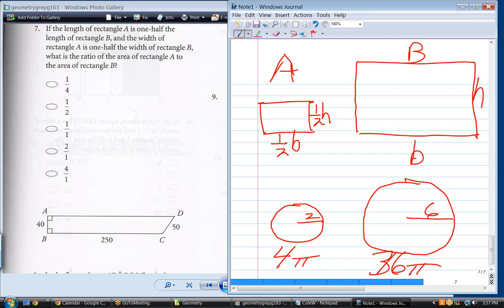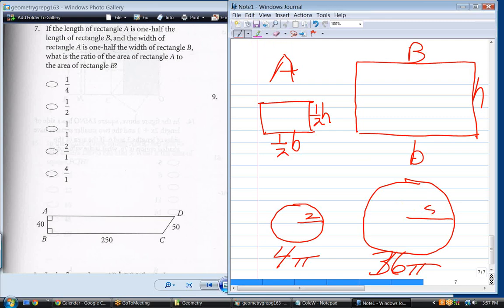That's 9 to 1. So when you go from linear to area, your ratio of the areas is the square of the ratio of the linear. In other words, you go from a 3 to 1 linear ratio to a 9 to 1 area ratio.